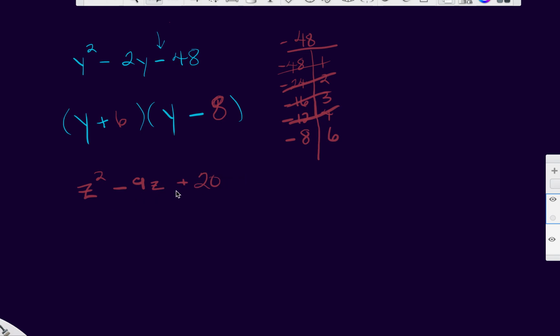Right? That's the only thing we haven't had, a negative here and a positive here. We've had negative, negative. We've had positive, positive. Now we're going to have negative, positive. I could have had a positive and a negative.